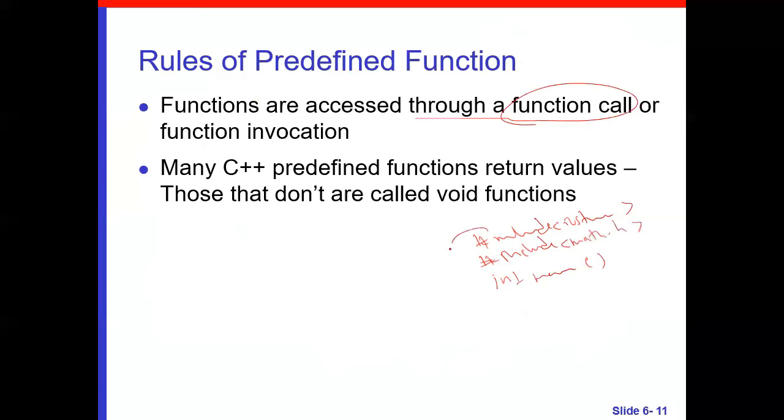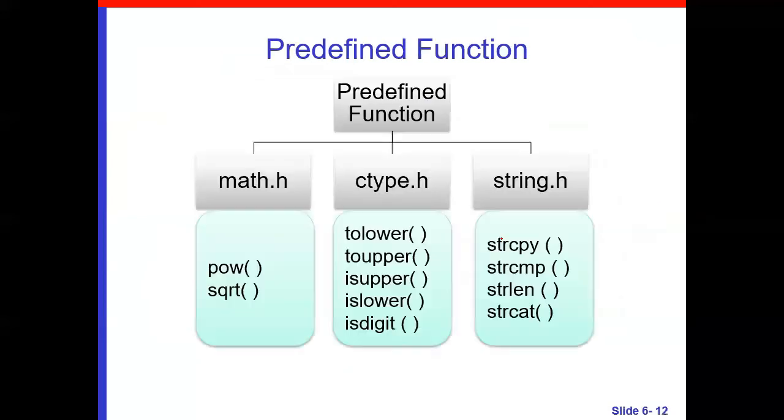So this is the function call, or we call it a function invocation. Many C++ predefined functions return a value. Those that don't are called void functions. What does it mean about return value and void function? Later I will tell you more about it, don't worry.